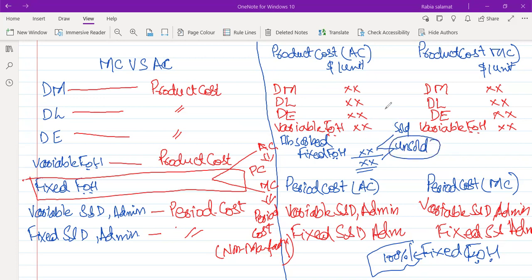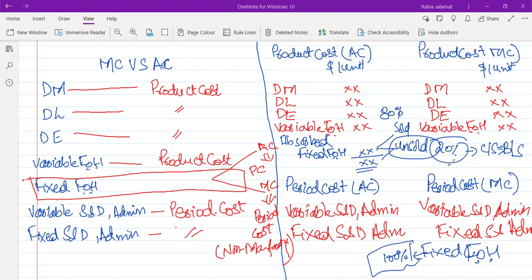Suppose 80% of the units are sold, then 20% of the cost is carried forward as closing stock in the balance sheet. The difference arises because of this 20% which we carry forward as inventory in the balance sheet. Clear? This is the whole concept of marginal and absorption costing.